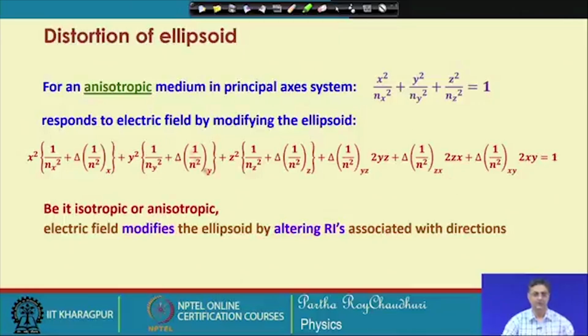This is the summary: whether it is an isotropic or an anisotropic system, the presence of the electric field may alter the refractive index properties. So, isotropic may become anisotropic, and anisotropic may become anisotropic again, but with properties different from those in the absence of the electric field.